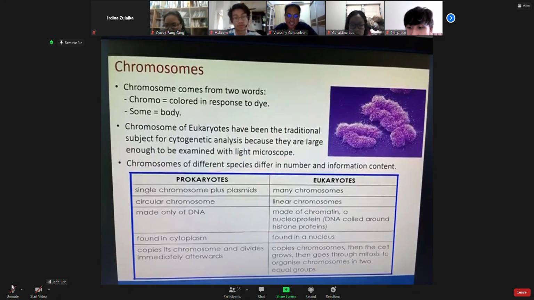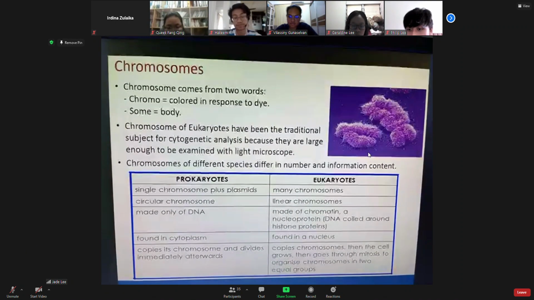And chromosomes of different species differ in number and information content, of course. You can see the prokaryote. In prokaryotes, there is a single chromosome with plasmid, a circular molecule of only DNA, found in the cytoplasm, which copies its chromosome and divides immediately afterward.